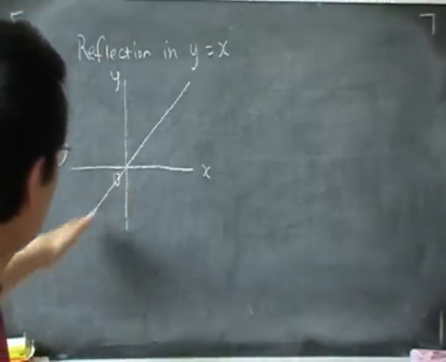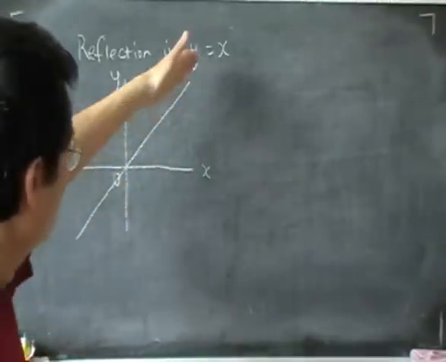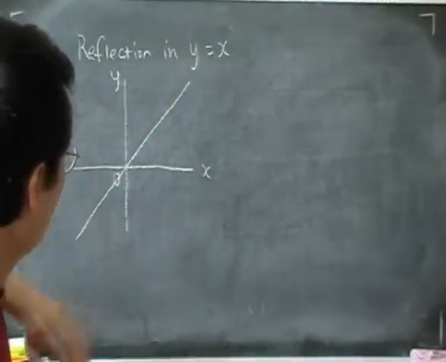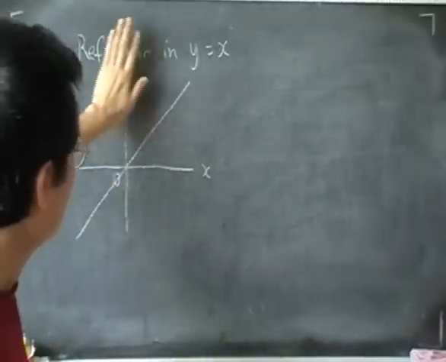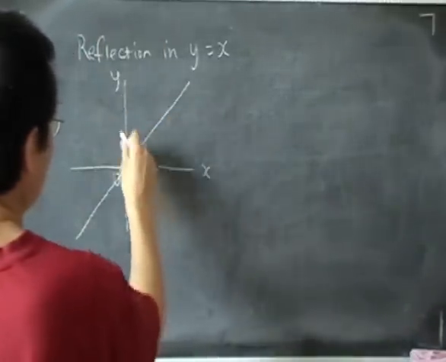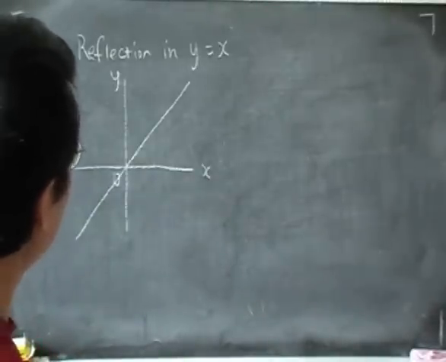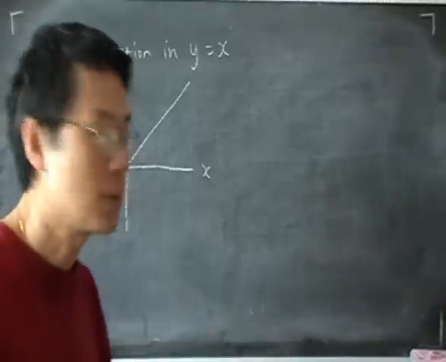Now this line cuts the graph at 45 degrees, so it is symmetrical. One side looks the same as the other side. So this is 45 degrees and that's also 45 degrees. And we want to look at reflection in this.